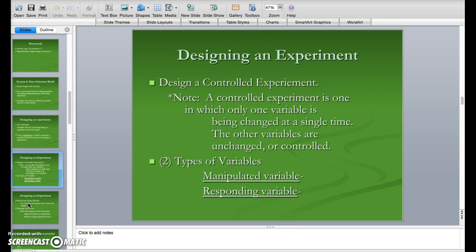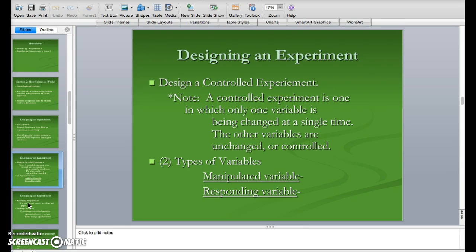So in a controlled experiment, you typically have a control group where all things are going to be constant or stay the same. In your experimental group, you are going to manipulate something. That would be that one variable that you're going to change. That's what manipulation means. You're going to change one thing, and that one thing is going to give you data.